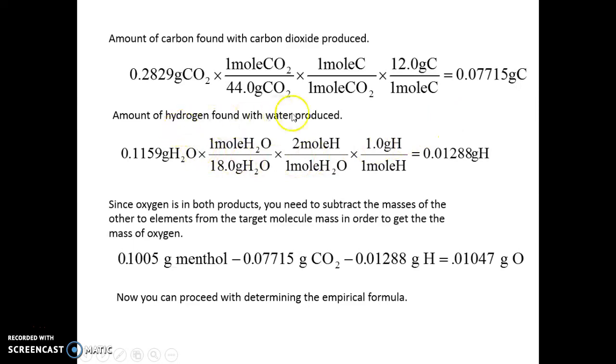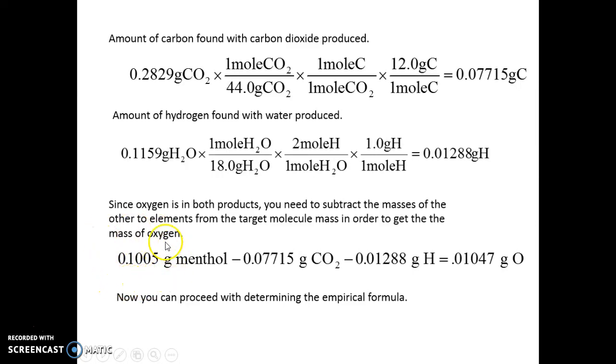Same exact idea to figure out hydrogen, but now we're using water. So how many grams of water did we have? Convert that to moles, convert that to moles of hydrogen, and then convert that to grams of hydrogen. So again, all of the hydrogen in the water came from the menthol. So now we know how much carbon, how much hydrogen was in that starting mass of menthol.